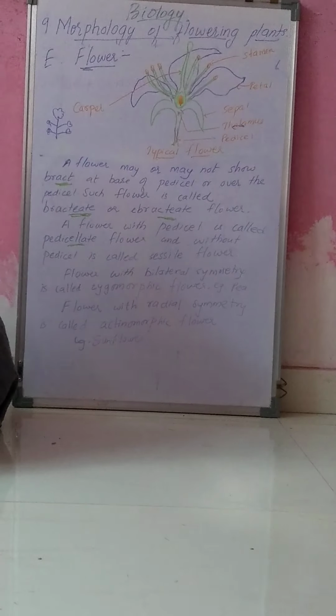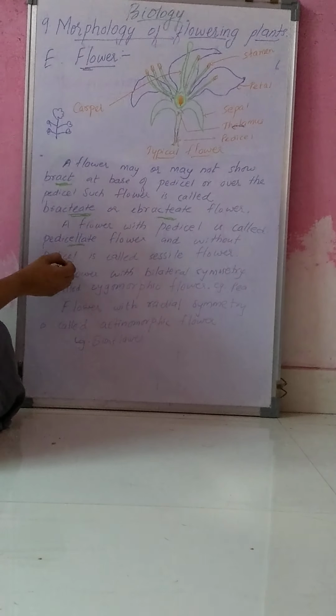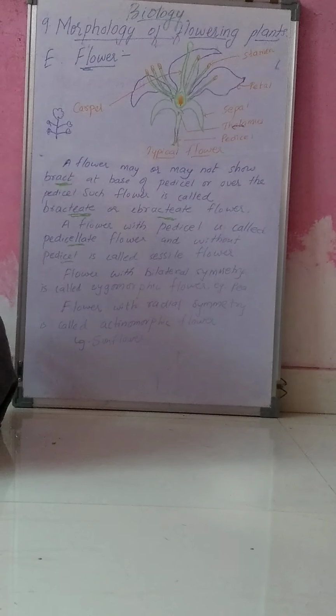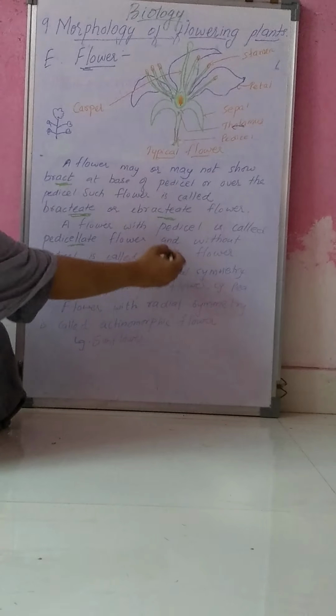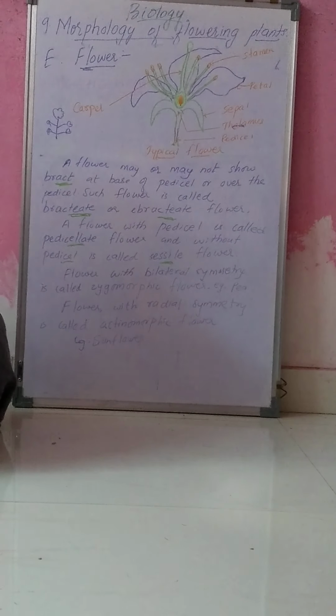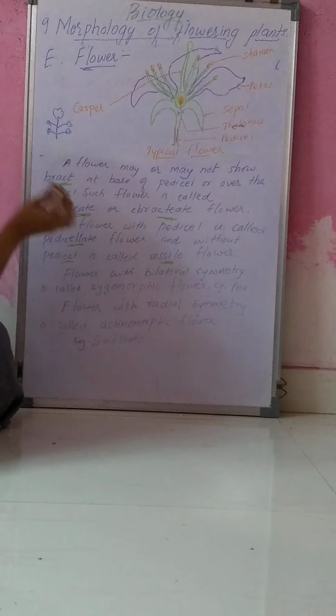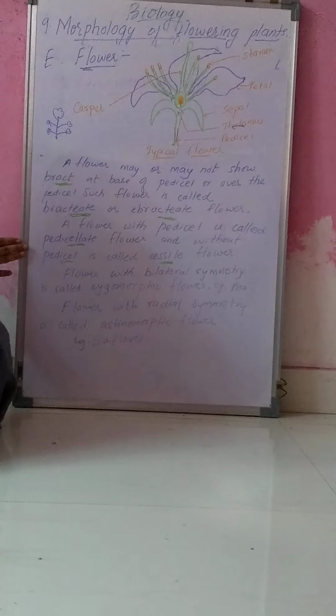But sometimes flowers are without pedicel. Pedicel is absent. If that part is absent in a flower, that flower is known as sessile flower. On the presence or absence of pedicel, we find two types of flower.